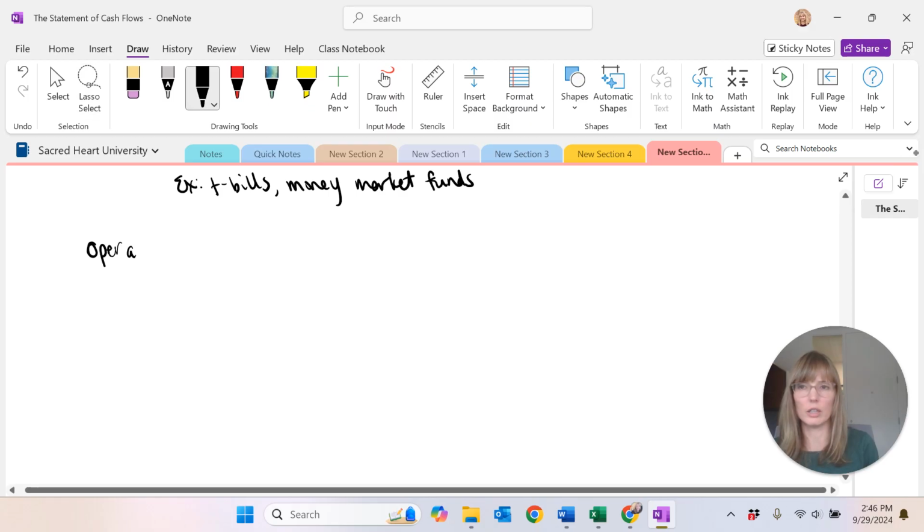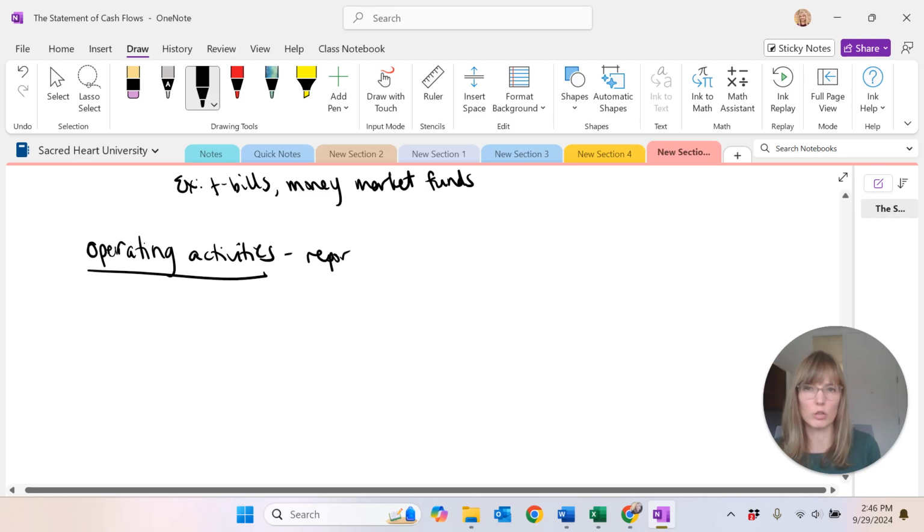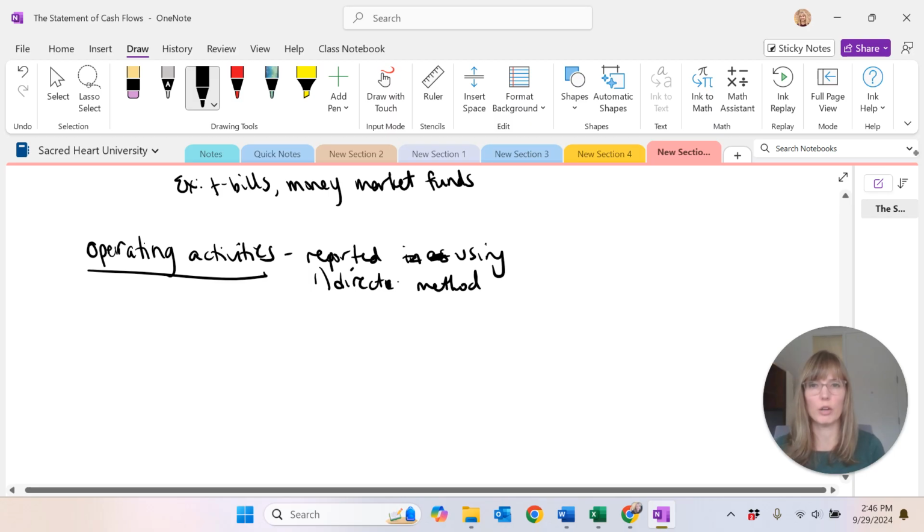The investing and financing sections, there's only one method of doing it, but in the operating activities section, it can be reported using the direct method, cash received from customers, cash paid out for these expenses, or the indirect method.